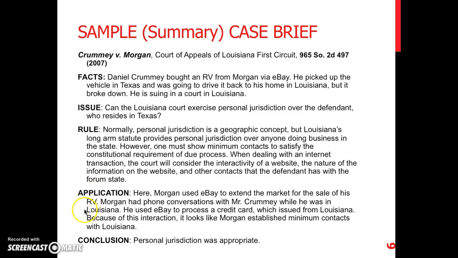In the application section of our case, we discovered that the defendants used eBay to accept a credit card from Louisiana and answered questions about the RV by phone while the plaintiff was in Louisiana. The court also noted that the defendants used eBay to extend the market for the sale of their RV. Because of these contacts with Louisiana, the court concluded that jurisdiction was proper in this case.